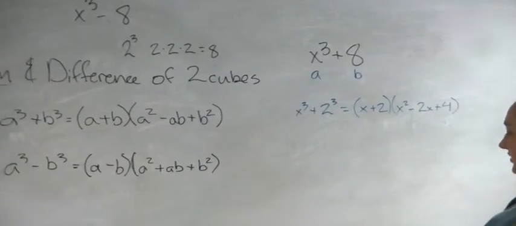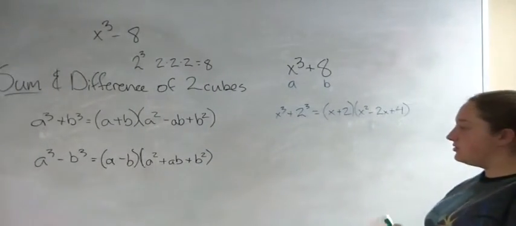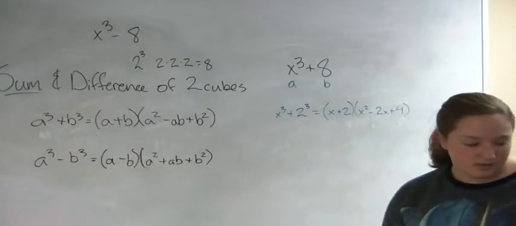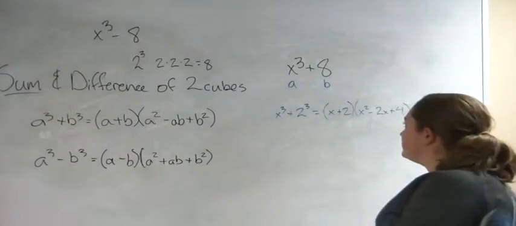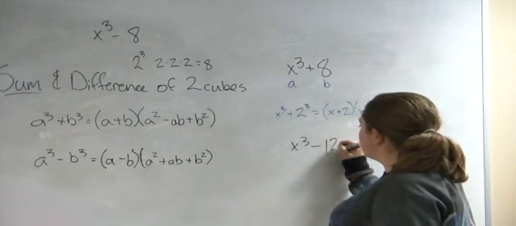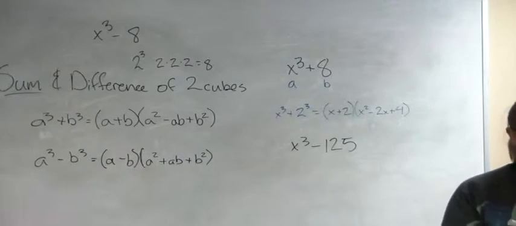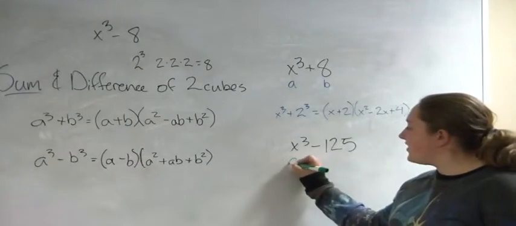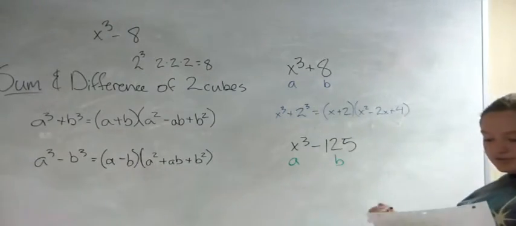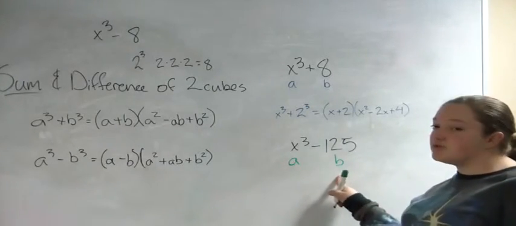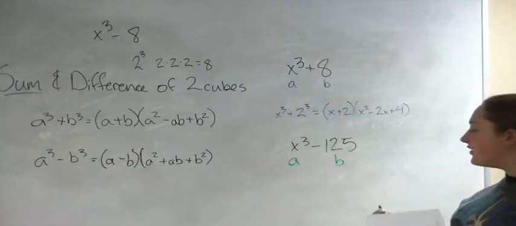Now, the next one I'm going to show you is a difference of two cubes equation. So, let's say I had x cubed minus 125. Now, 125 is a cube. So, the cube, we have a and b. So the cube root of 125 is 5. Because 5 times 5 is 25, times 5 is 125.